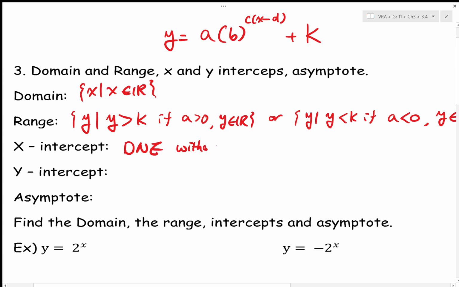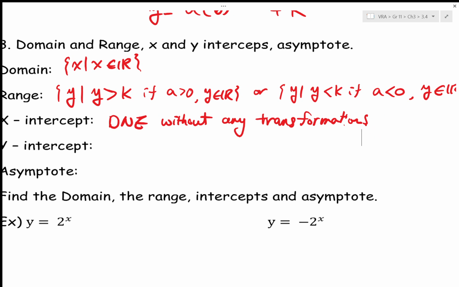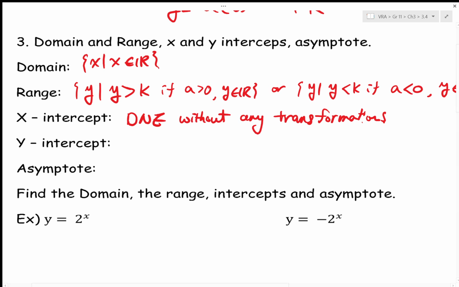without any transformations. Now this changes, because when there's a transformation, you have to solve for x by putting 0 into y. We're going to do a bit of practice on this later, and you will figure this out really easily.